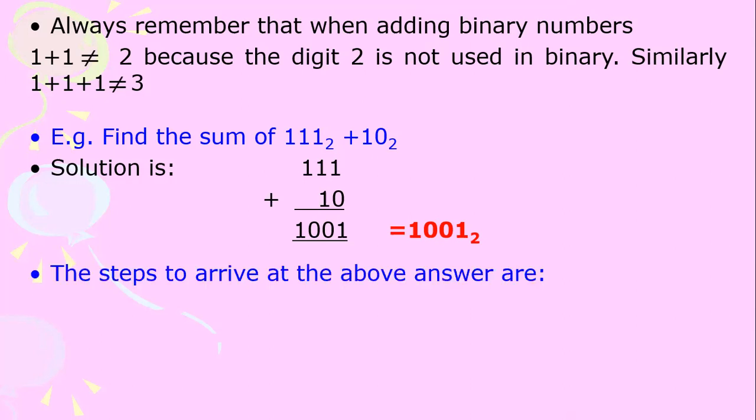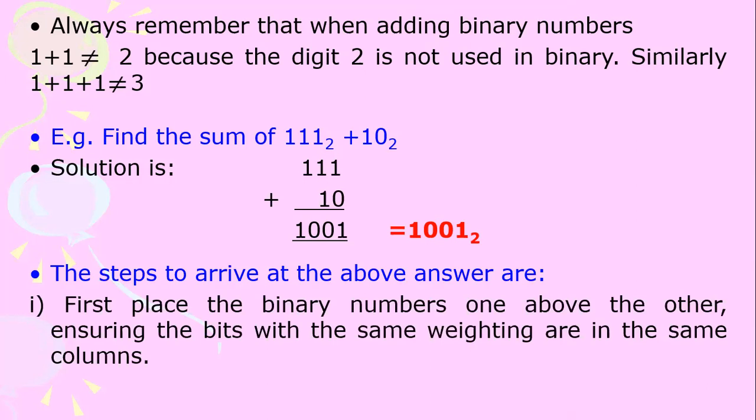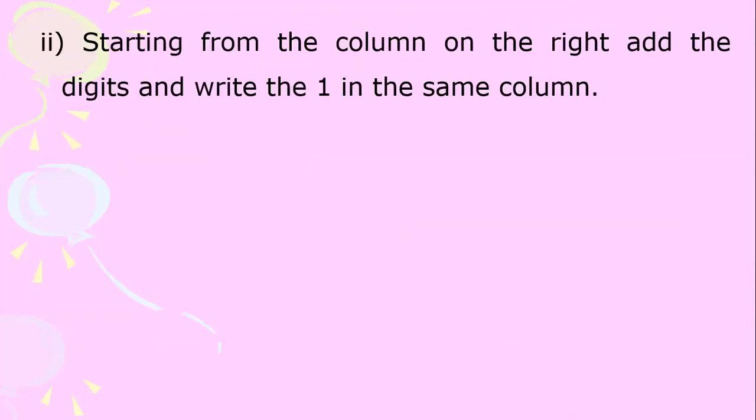So the steps to arrive at the above answer are as follows. Number 1, just as I have said, first place the binary numbers one above the other, ensuring the bits with the same weighting are in the same columns. Secondly, starting from the column on the right, add the digits and write the 1 in the same column.